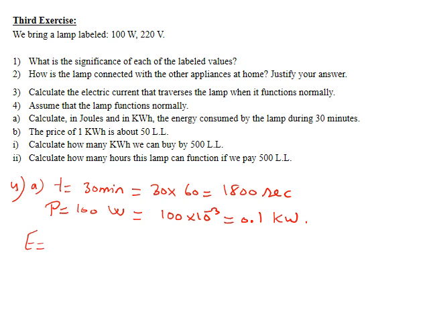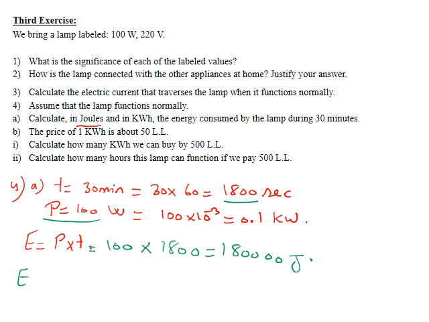E equals P times T. First in joule. Joule means watt second. So we take power in watt times T in second, 1800. So it's equal to 180000 joule.